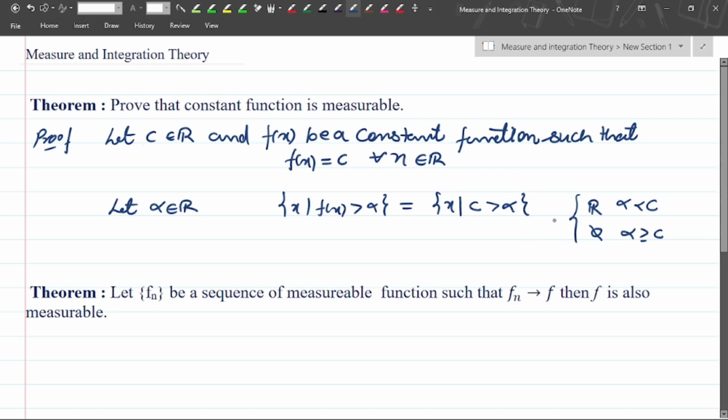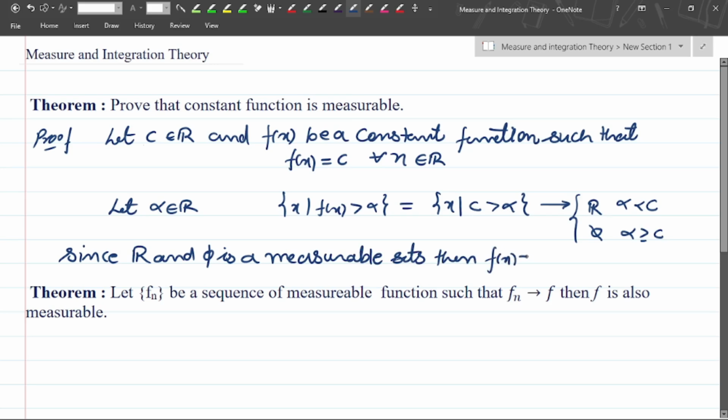So this set is equivalent to R or phi, and since the set of real numbers and the empty set are measurable sets, f(x) = c is also measurable.